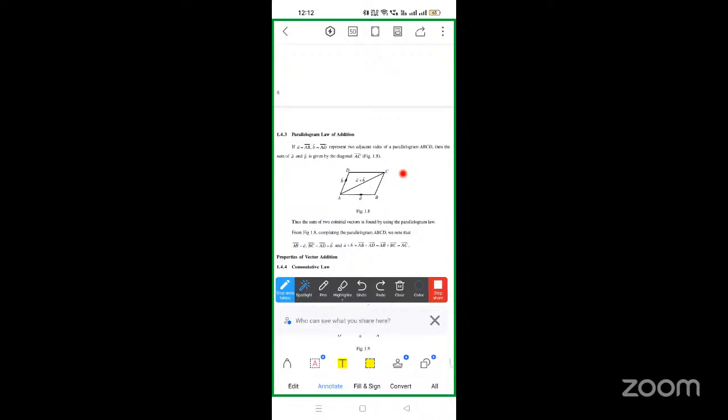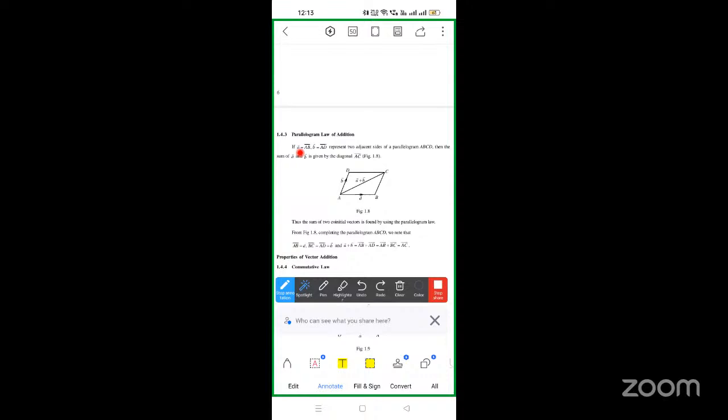Next, parallelogram law of addition. If a bar is equal to AB bar and b bar is equal to AD bar represent the two adjacent sides of the parallelogram ABCD, then the sum of a and b is given by the diagonal AC. So AB bar is equal to a bar, and CD bar is equal to b bar.